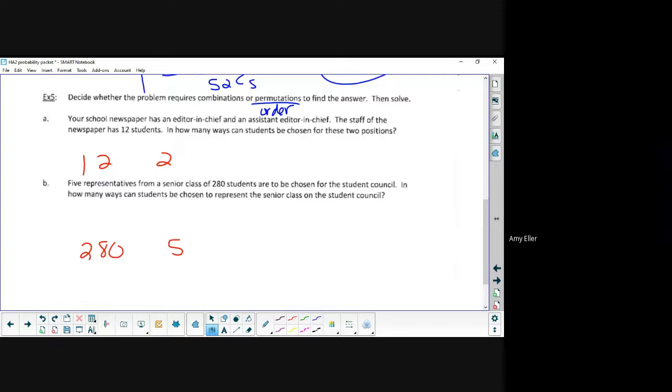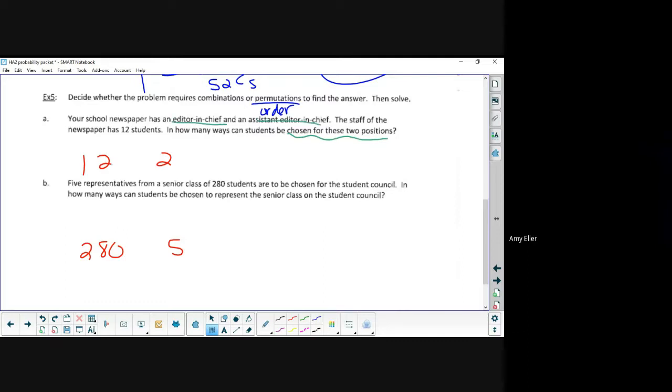A, does order matter? I have an editor-in-chief and an assistant editor-in-chief. Aren't those different things? You still have a position. How many students can be chosen for these 2 positions? Your 2 positions are different.